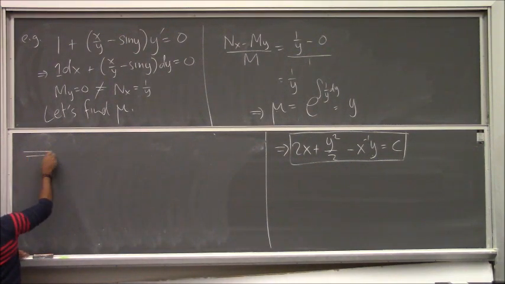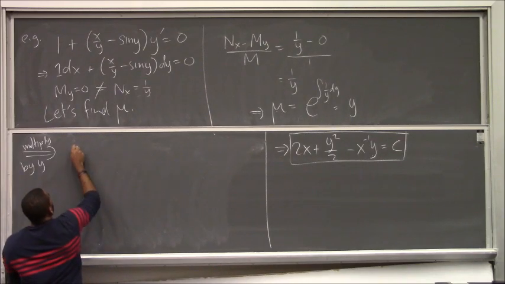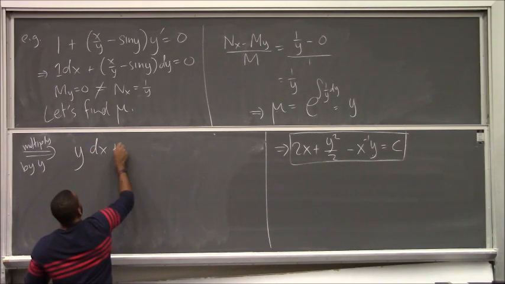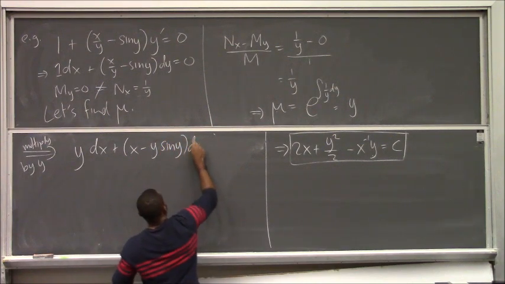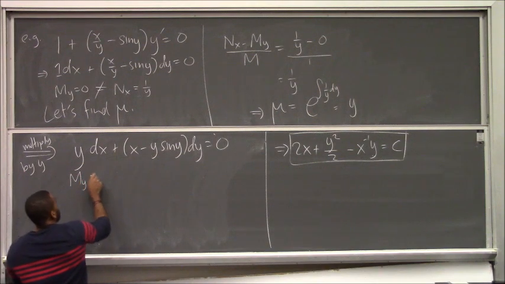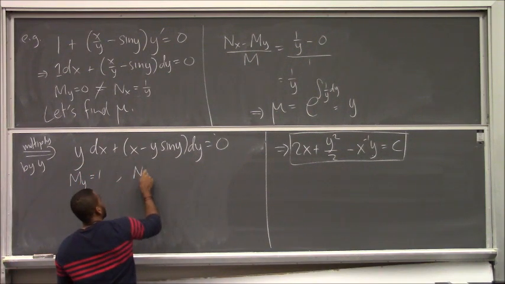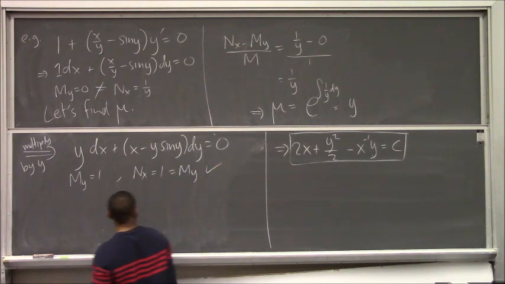And then multiply by y. You would end up with y dx plus (x minus y sine y) dy equals 0. You check M_y, you get 1. Check N_x, you also get 1, which is equal to M_y, so it's exact.